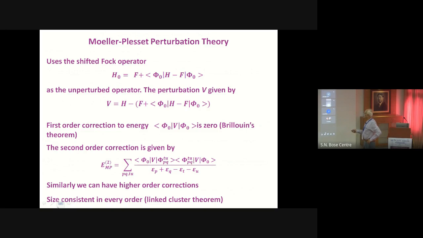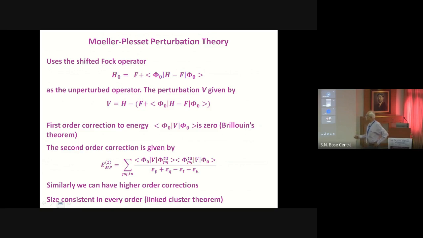The first order correction is actually just zero because of Brillouin's theorem. If you are doing a Hartree-Fock calculation, then you can show that by the very fact that it is a variational calculation and the first variation is zero, if you just change one wave function, then this correction is not going to be affected.